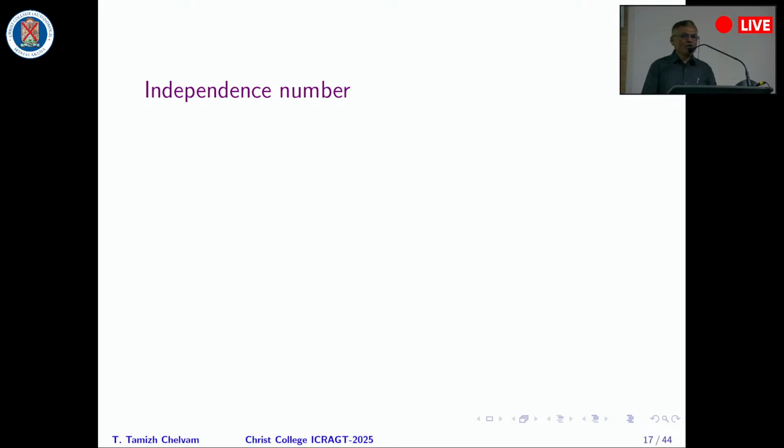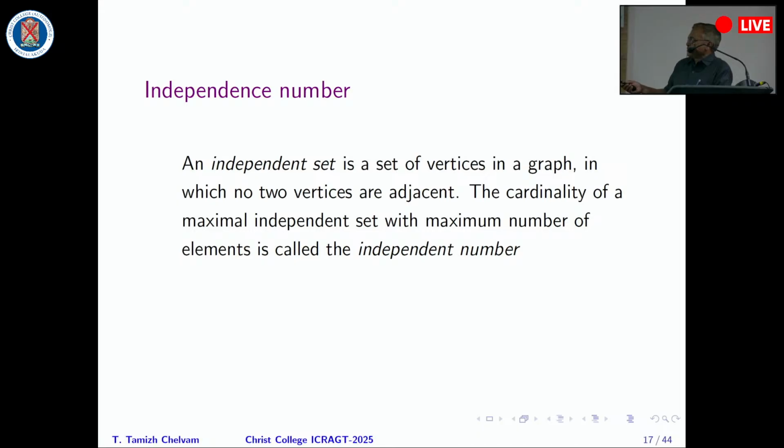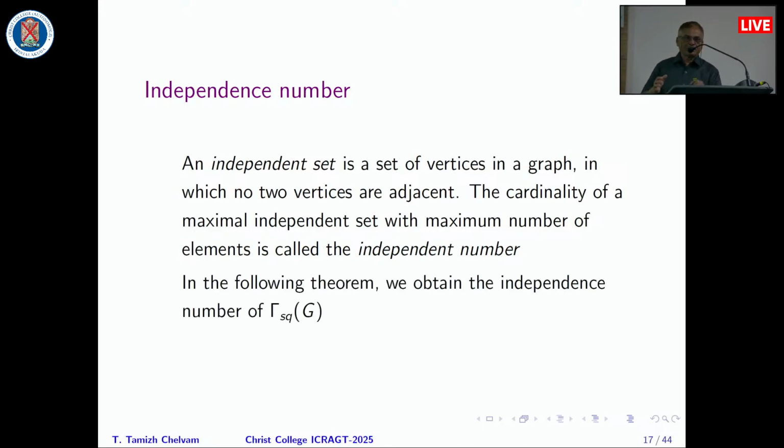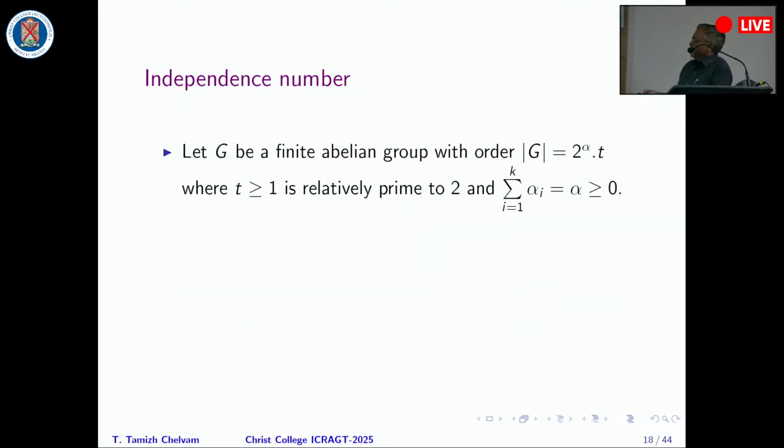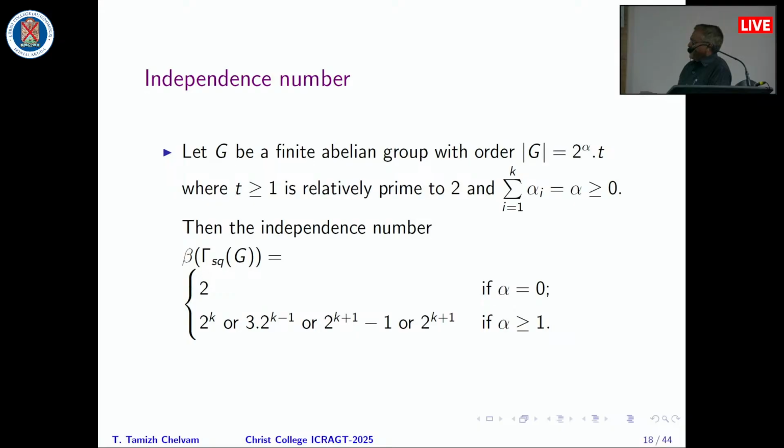And naturally we would like to explore what the other parameters for this graph are. The independence number is determined. The independence number is a set with maximum cardinality in which no pair of vertices are adjacent, and we could determine it according to the order again. If the order of G is even, then depending upon this, the independence number.